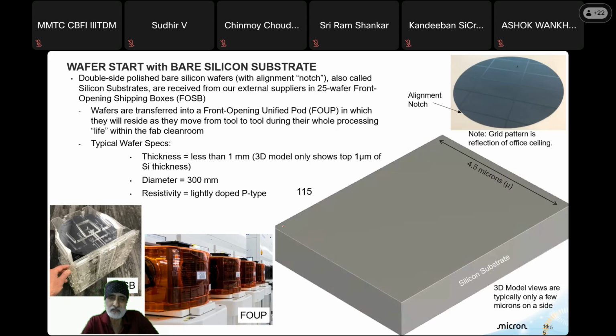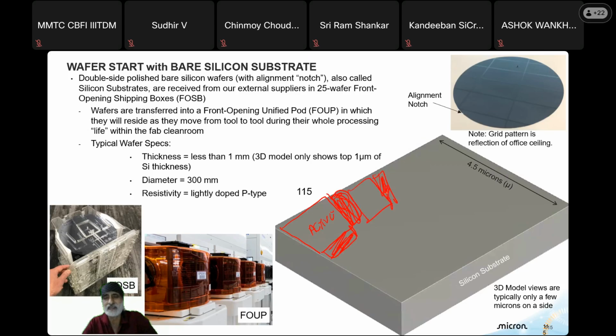In this area, I will say this is my active area. Active area means components will be there. Then this much area is field area, and this much area is field area. Field area means isolation. Then another active area, then again isolation.